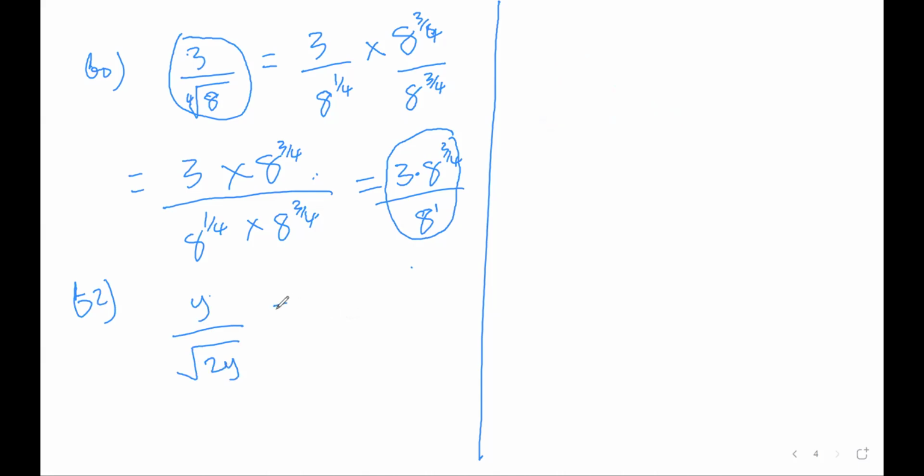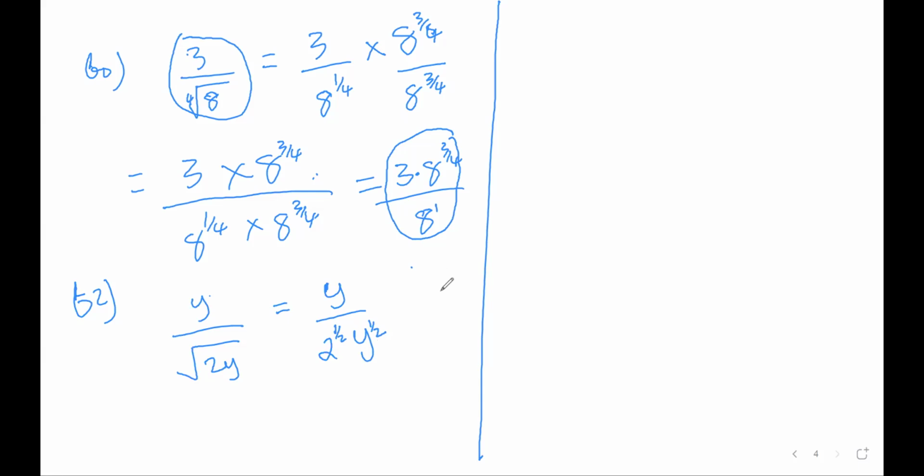Okay, so first step, write all radicals in the denominator in their exponential forms. So this becomes 2 to the 1 over 2, y to the 1 over 2, all right? Or 2y all to the power 1 over 2. It's the same thing, basically.